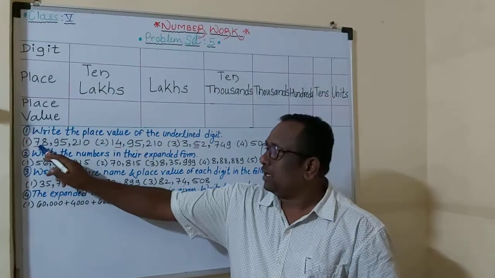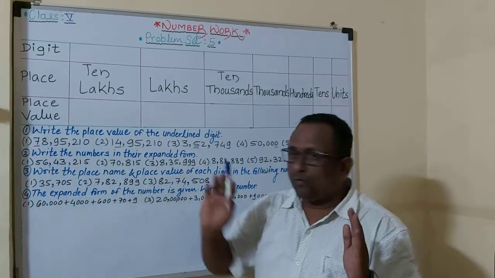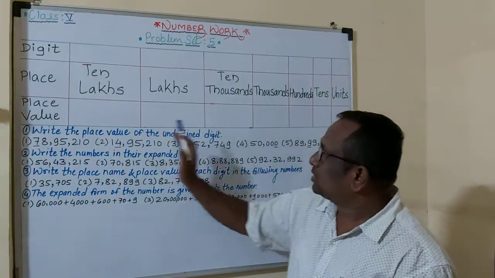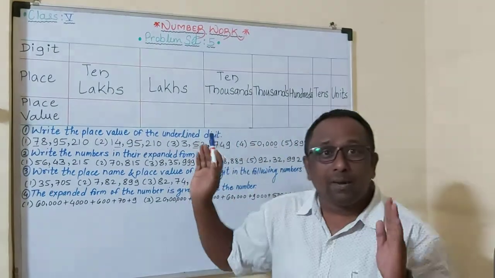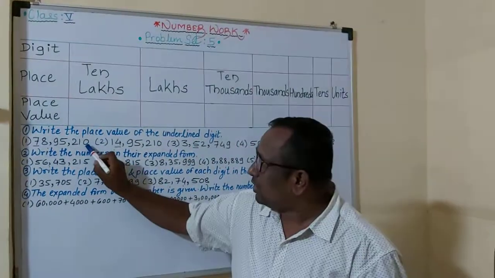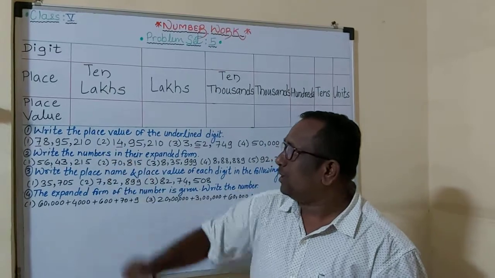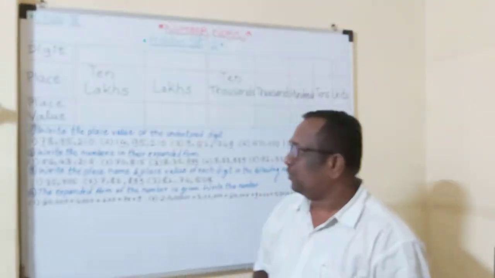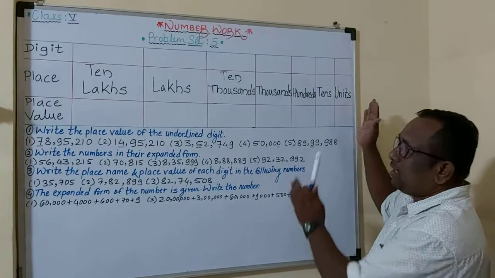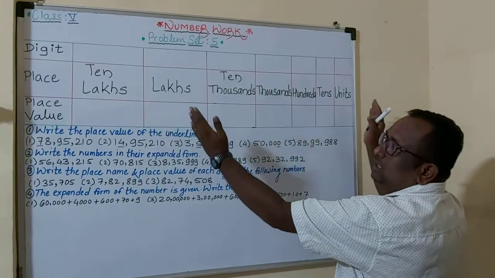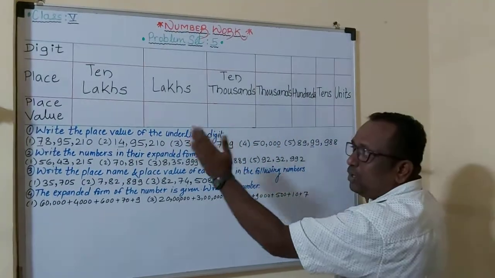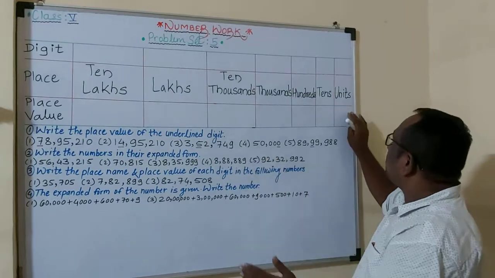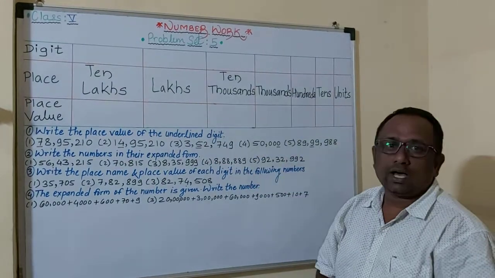See the first example here. Always when we are writing the place value, start with the last place. Here the last digit is 0. In our khichdi chart, the place value chart, from the unit place we have to write the number.